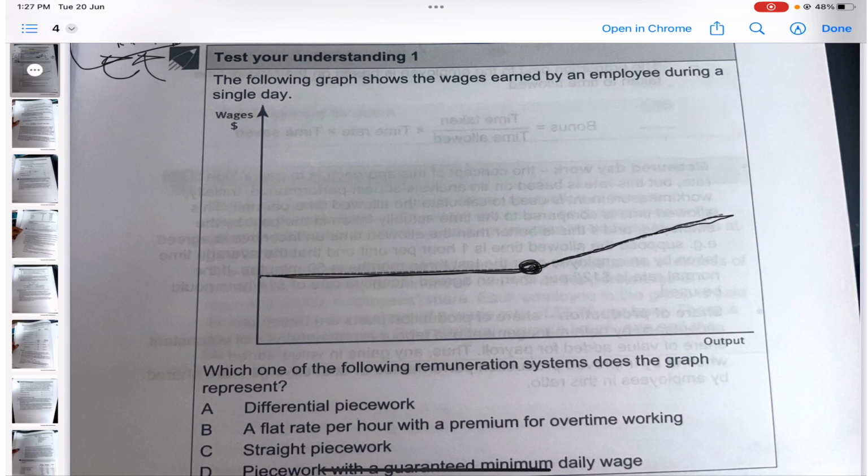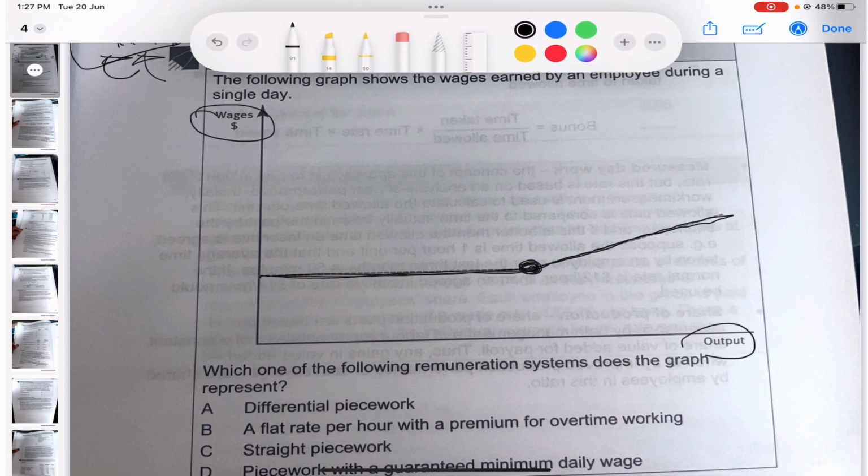Again, this is my wages and this is my output. Until here, the wage and the output were constant. The wage wasn't increasing at all. Even if my production was increasing, my wage was the same. Suddenly, from this point onwards, my wage is also increasing, my production is also increasing.